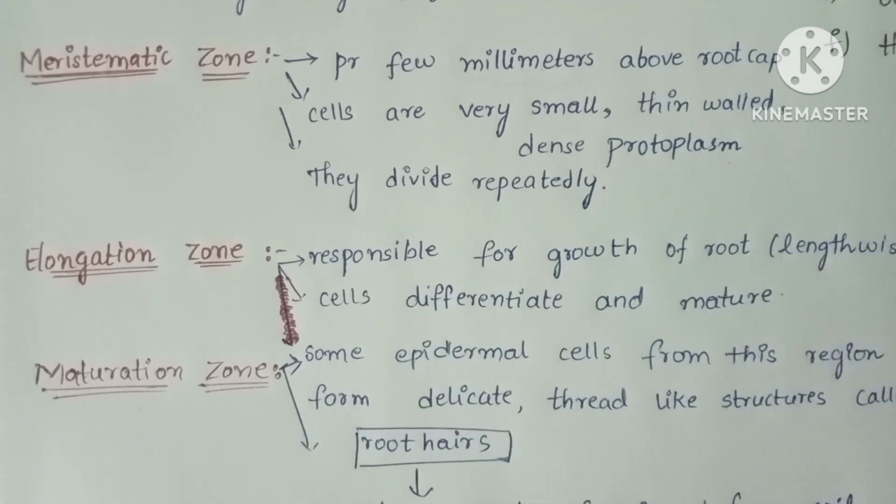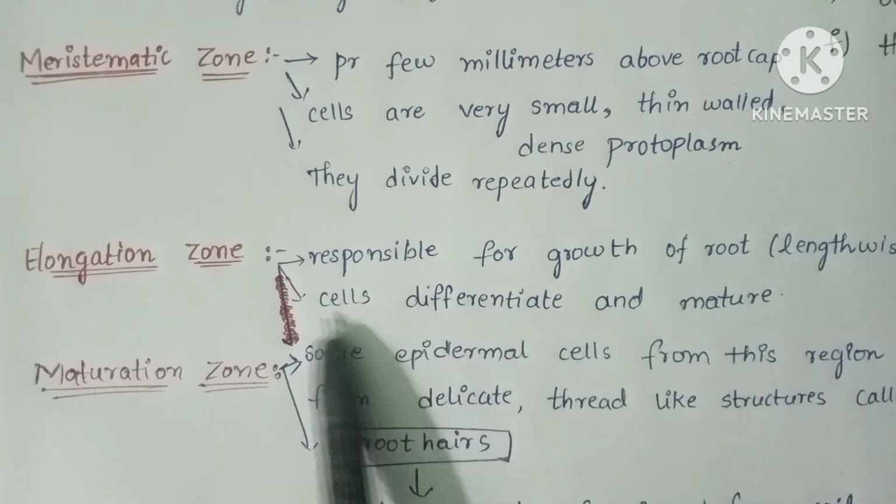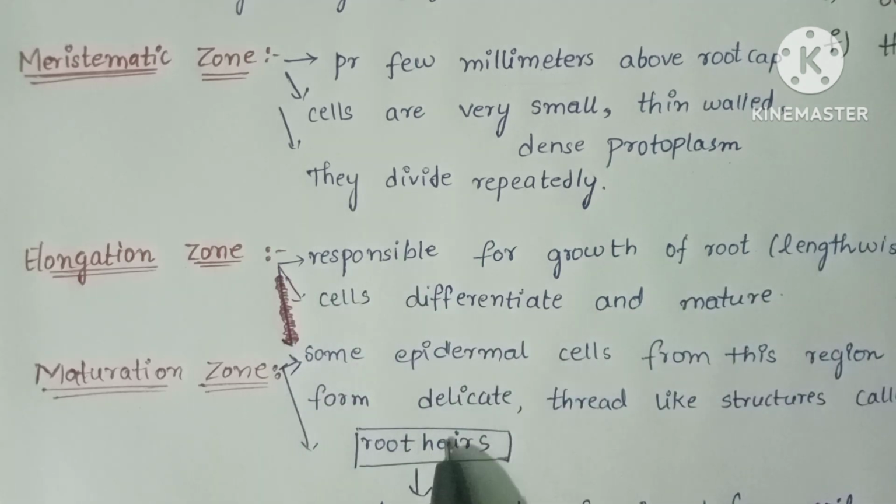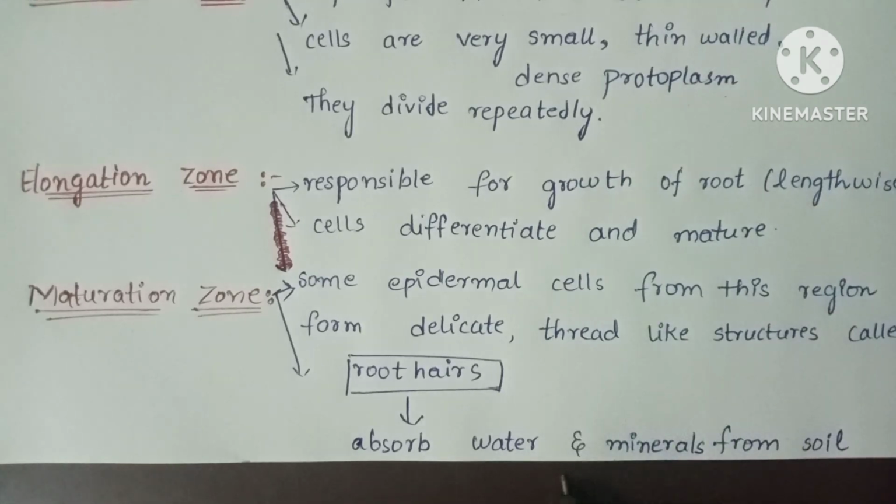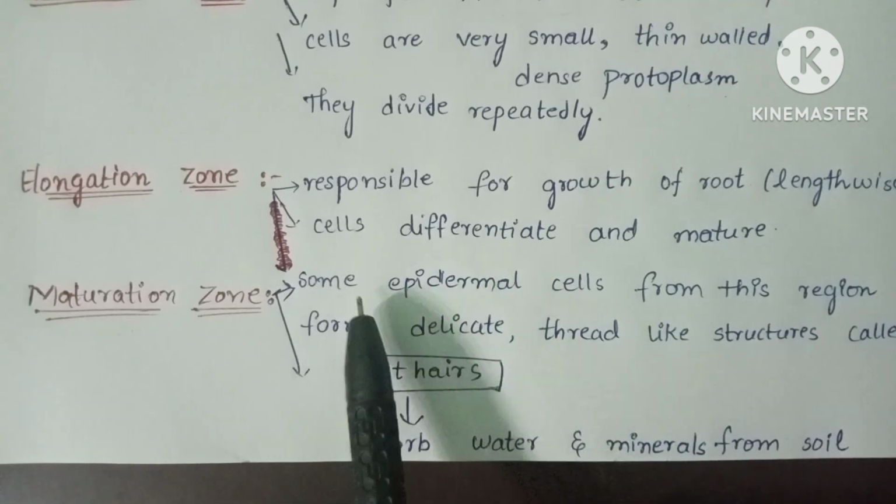In multiple choice questions they ask elongation, meristematic, maturation, and you need to pick maturation. It is a silly question, but many of us make mistakes there, so we need to be very careful. Root hairs emerge from the maturation zone, and these root hairs absorb water and minerals from the soil.